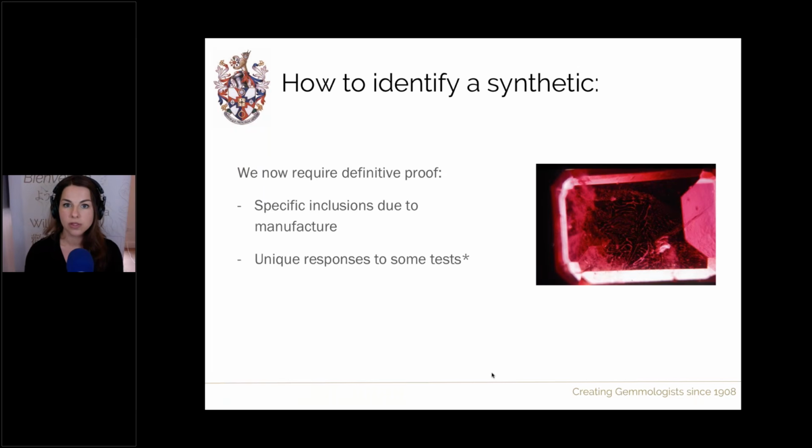Also, some of these gems may have very specific, unique responses to some gemological tests. And lastly, if we cannot identify them from observations or basic gemological testing, we can rely on advanced testing equipment, either a friend that you might know who has some, or sending them to a lab, depending on how important the identity is to you.